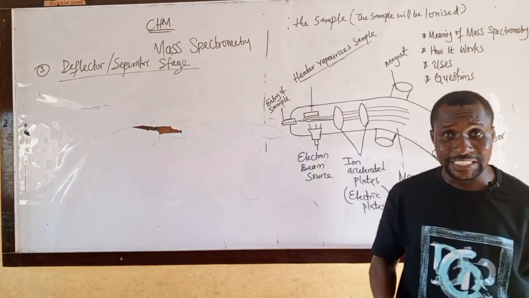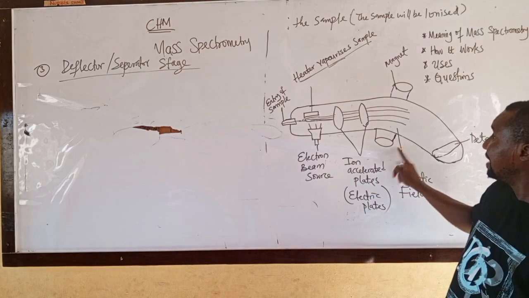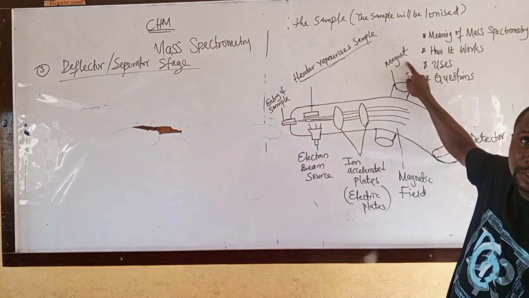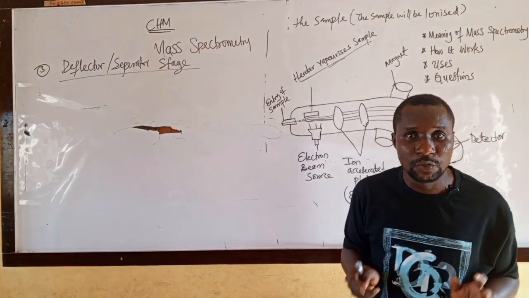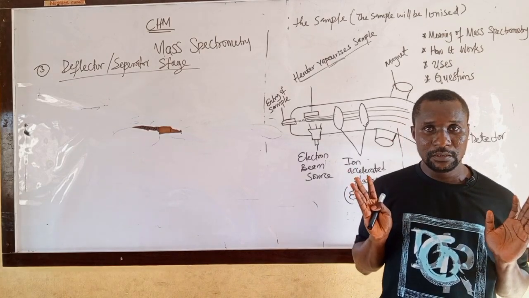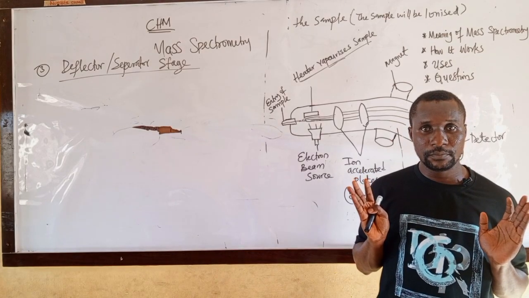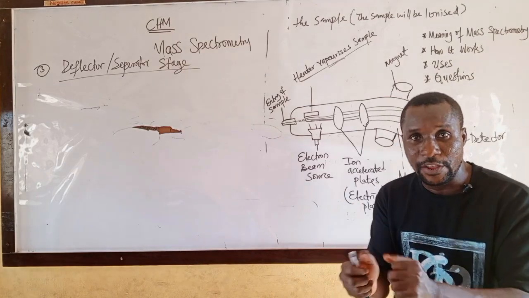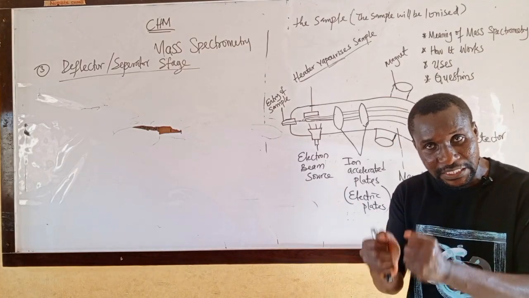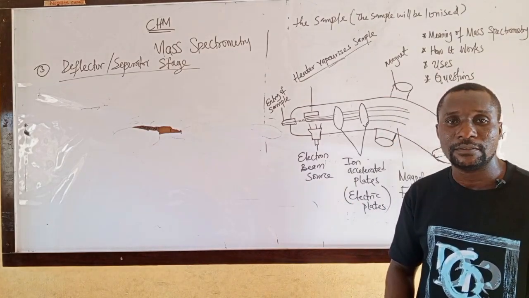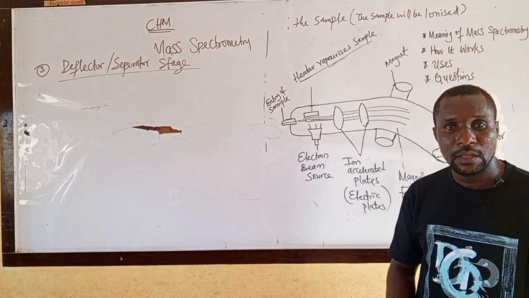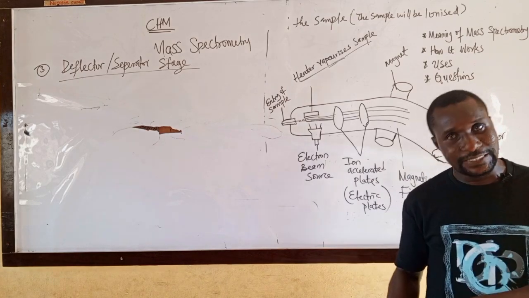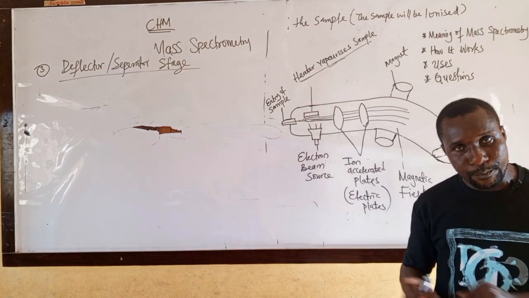When you see the one that is deflected more under this magnetic field produced by a magnet, you know that one is a light ion. Let me repeat myself: the ion that is heavy will be deflected less in the magnetic field. The ion that is light will be deflected more.